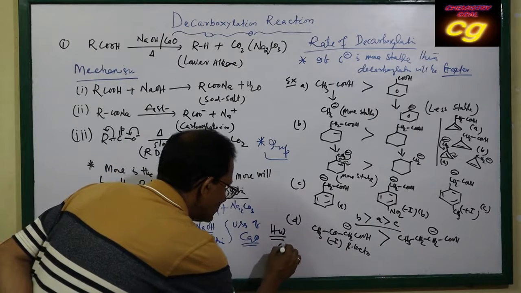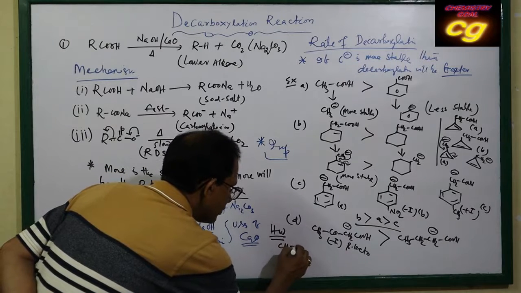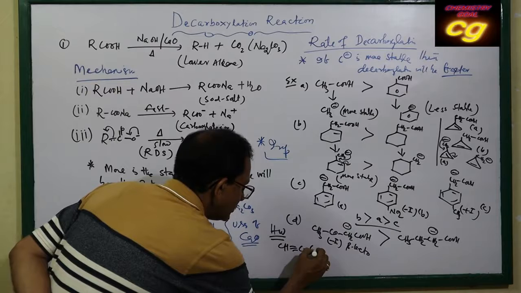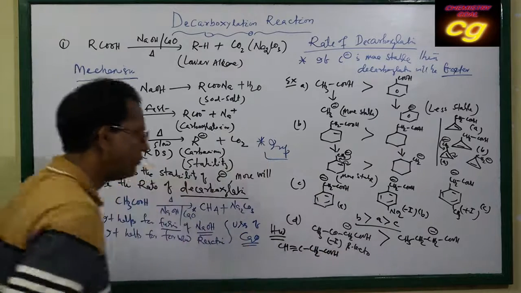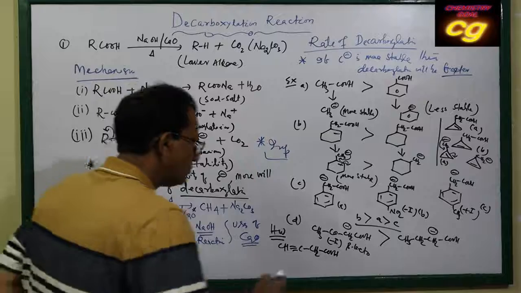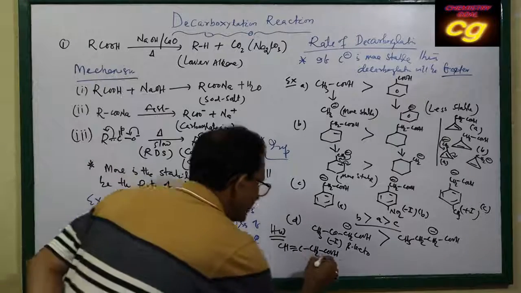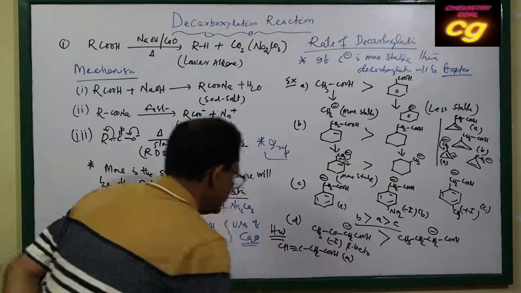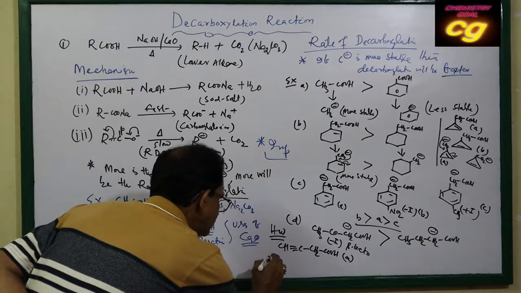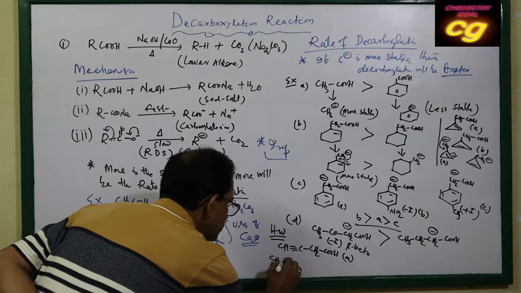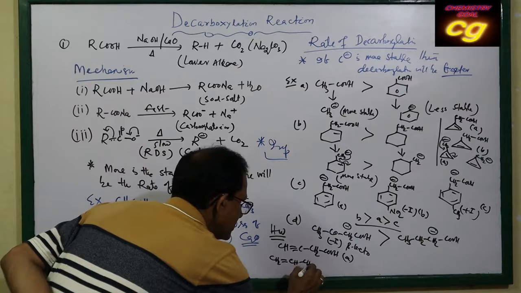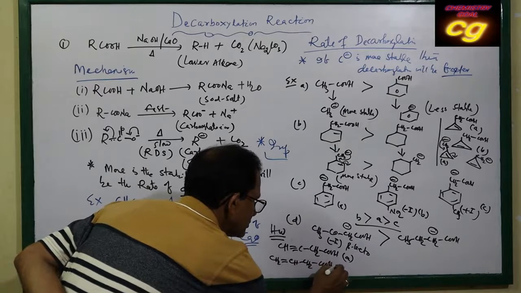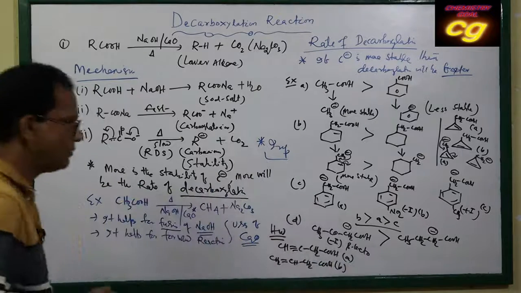Let it be CH triple bond C, then CH2 COOH, this compound. Another compound we can take. Suppose this is A, and B is like this: CH2 double bond CH, then CH2 COOH. Let it be B.